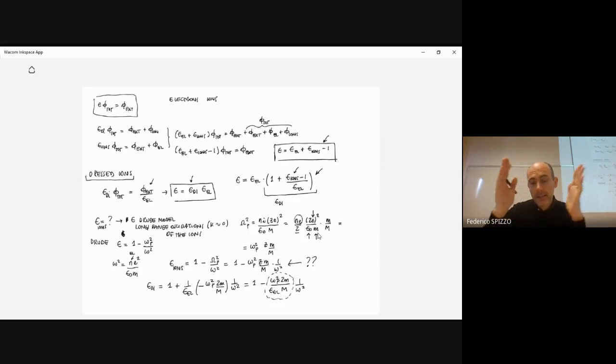But if a system of charge moves in this way, with a uniform oscillation, this means that all the charges know what happens to all the other charges in the system. So at this point, you expect to have long-range forces. Long range means that every charge in the system knows what happens to all the other charges in the system.